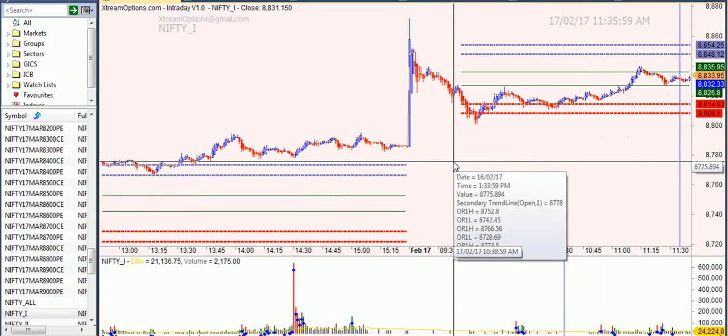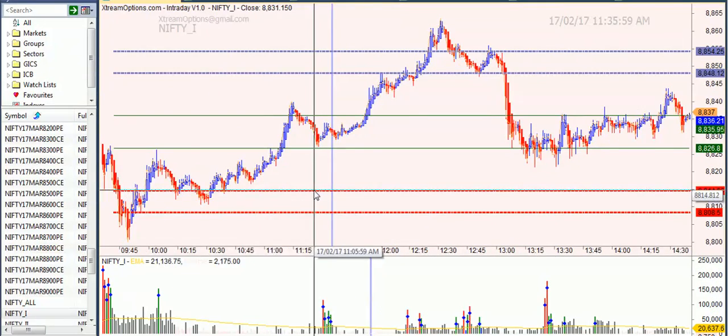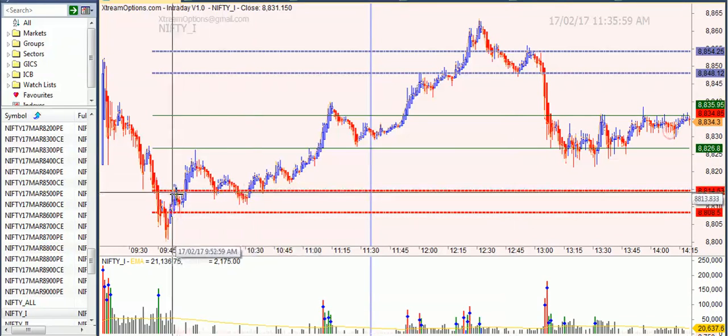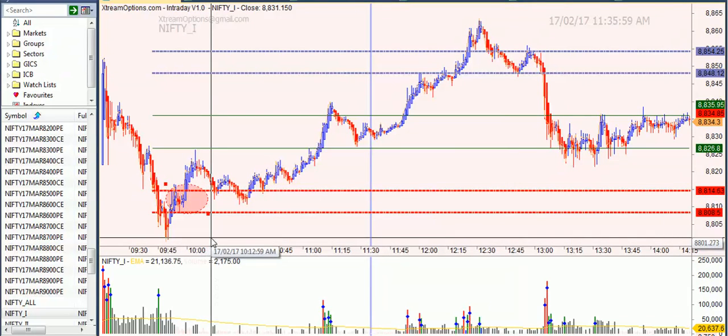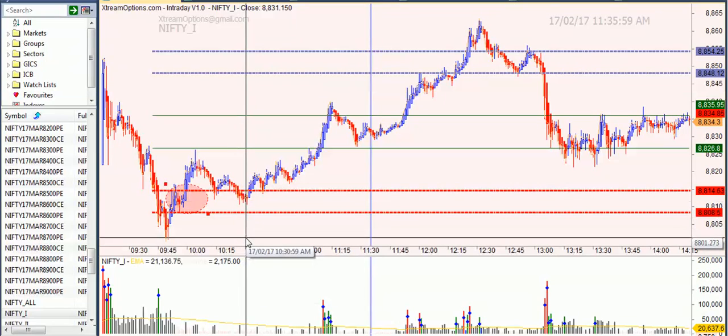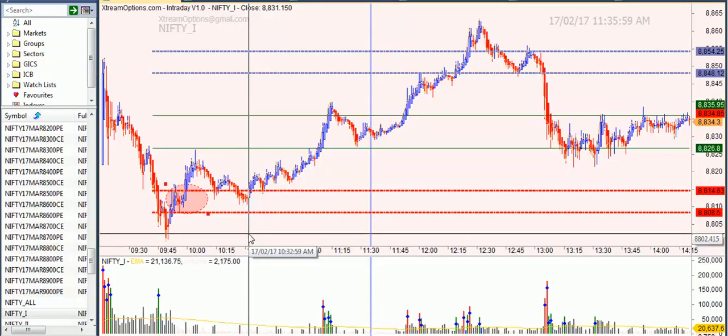Let me just show you the previous day, and what the stop loss is. When we enter the trade here, the stop loss is this low, that is 8801. So we enter at 8810, the stop is 8801. This is too high a stop loss. That's 10 points. You'll generally get a very small stop loss, which is 5 or 6 points.